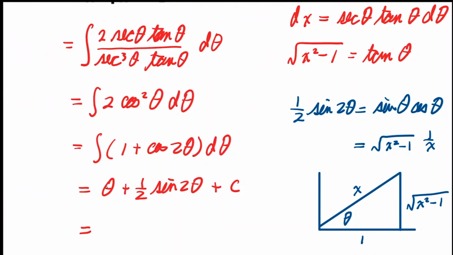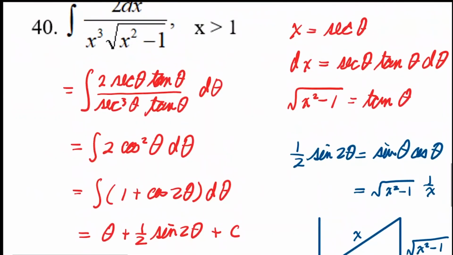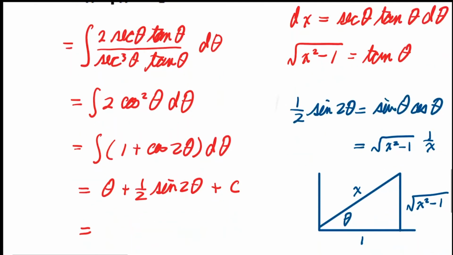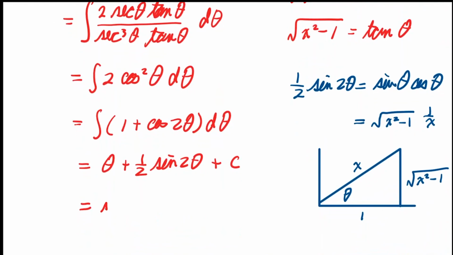So let's list the answers. So theta, of course, up here is inverse secant of x. So we'll put inverse secant of x and then plus all of that, right? I'm going to put 1 over x first, then square root of x squared minus 1 plus c.